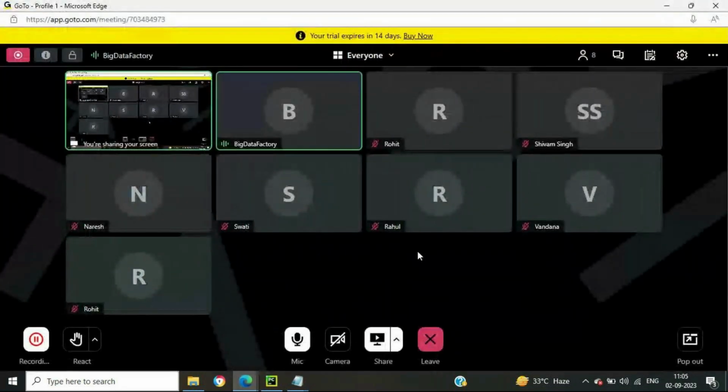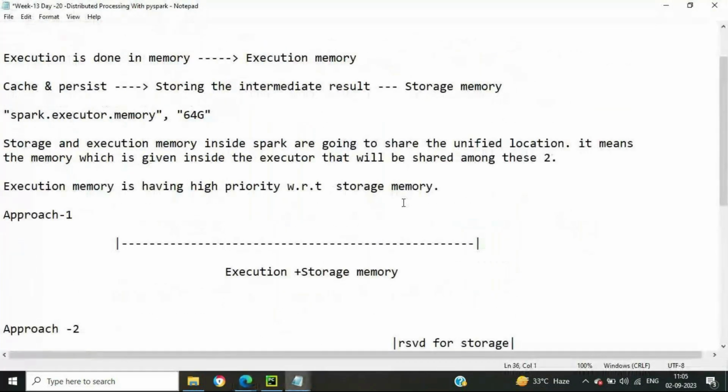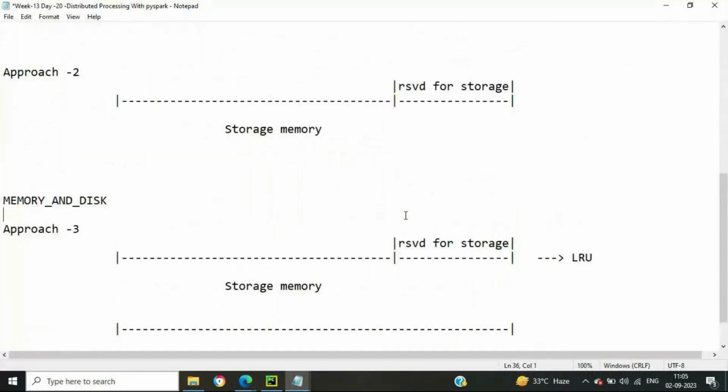Rohit, Shivam, Naresh, Swati, Rahul, Vandana, any confusion?